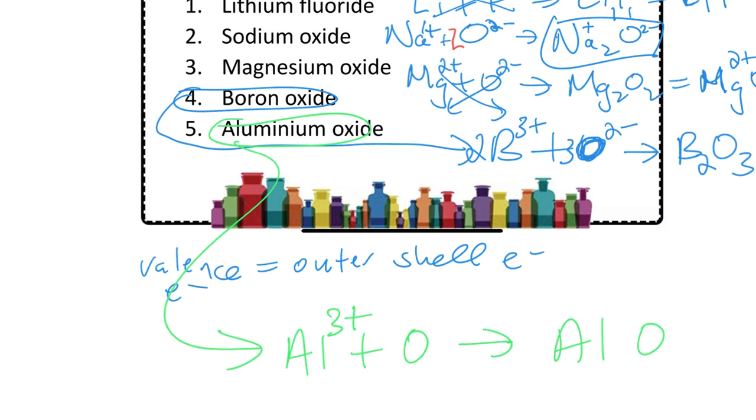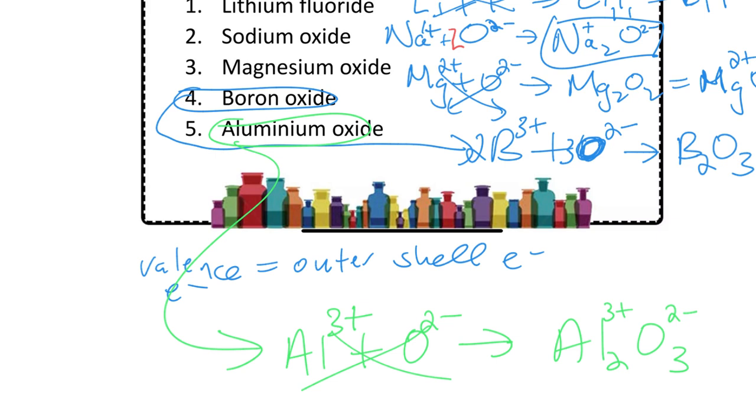Oxygen's in group 6, needing 2 more electrons. And so I cross multiply those. So aluminum will be 2 and oxygen will be 3 as subscripts. And the charges stay low.